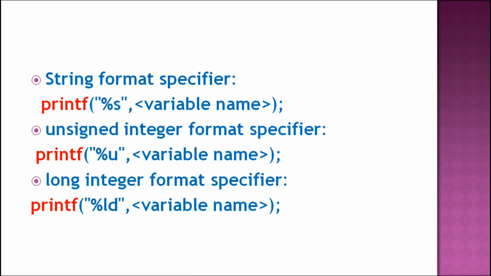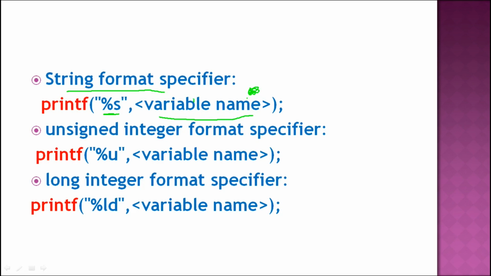String format specifier: printf %s variable name. Here, what I want to tell is that %s is the string format specifier. The value which we give or assign will be stored in some variable, x or y or any variable.